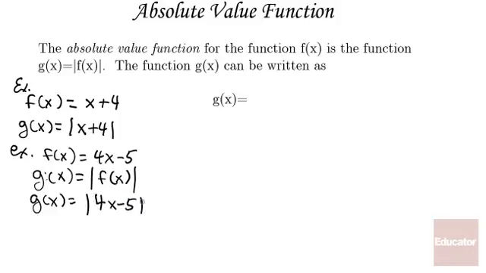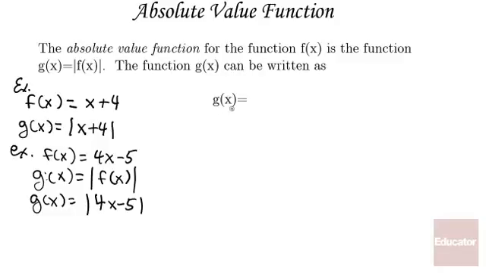Okay, what this tells me, since this is an absolute value, g of x is going to end up being positive. If f of x turns out to be positive, if I solve x plus 4 and it turns out to be positive, g of x and f of x are going to be the same.